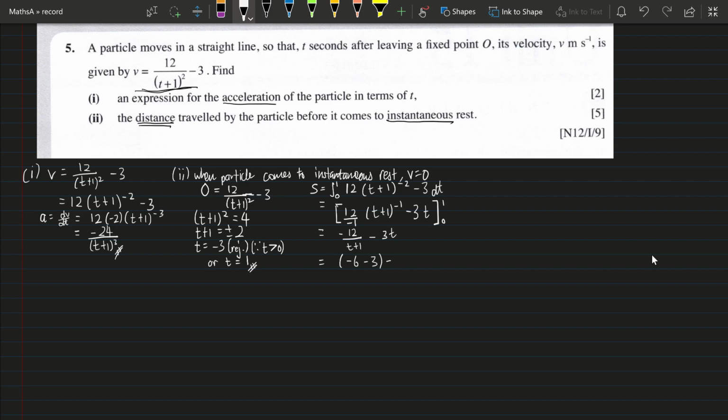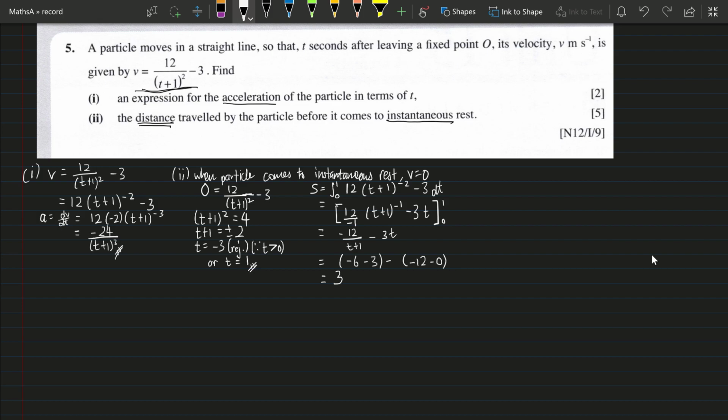Subtract away when I substitute in 0, it's negative 12 minus 0. Okay? So negative 9 plus 12 gives us positive 3. So positive 3 over here.